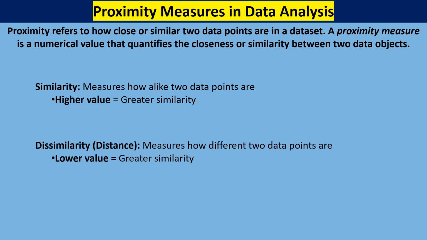Dissimilarity, or distance, measures how different two data points are; lower values mean greater similarity, and higher values mean dissimilarity. For example, two users with very different ratings on the same movies. Dissimilarity is commonly used in clustering and nearest neighbor algorithms.